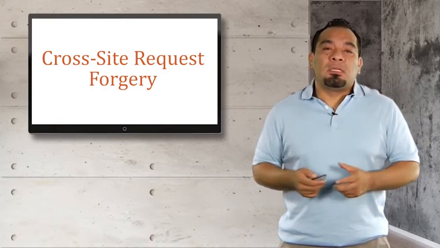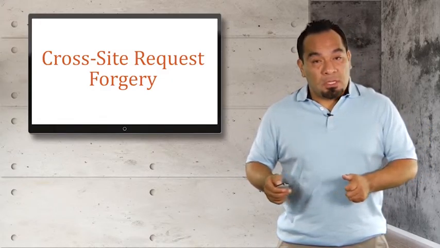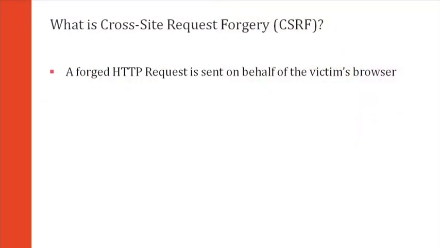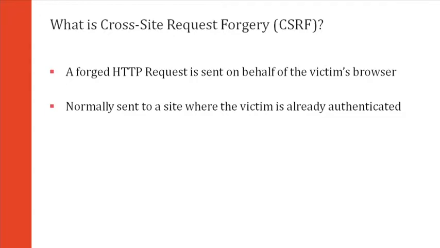So let's understand cross-site request forgery. What is it? A forged HTTP request is sent on behalf of the victim's browser. It's forged. You don't want to do it. That's the term. Normally, it's sent to a site where the victim is already authenticated.